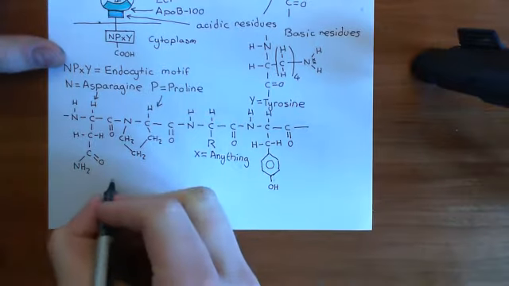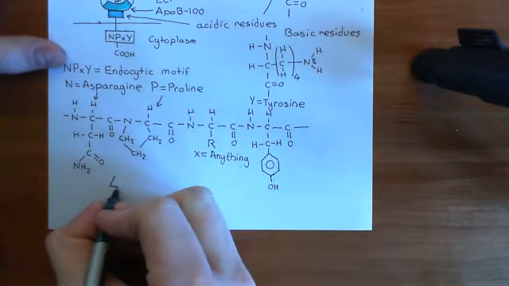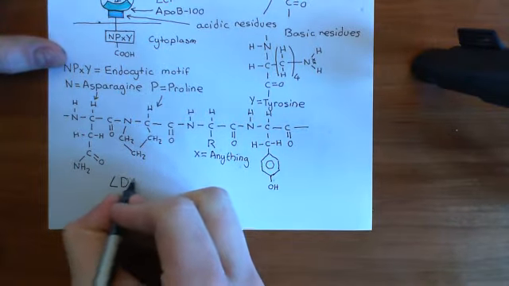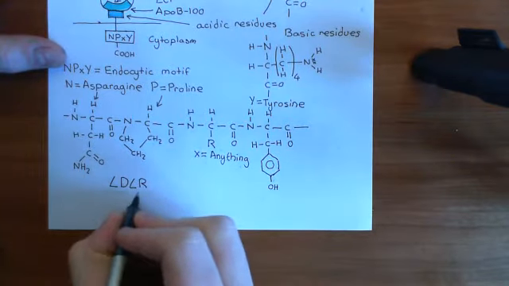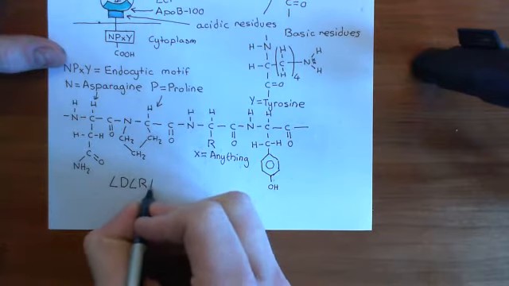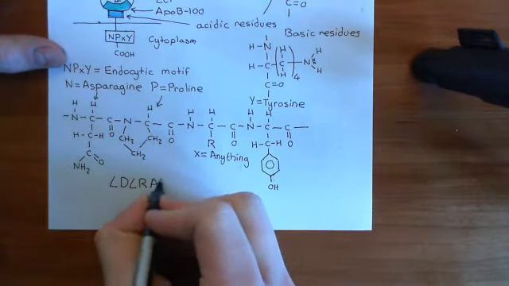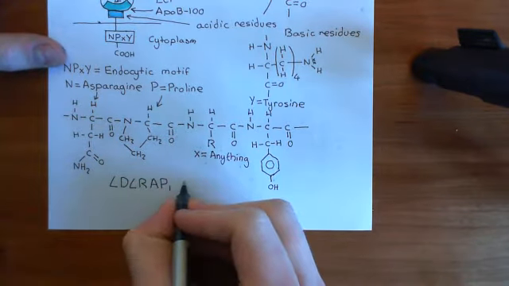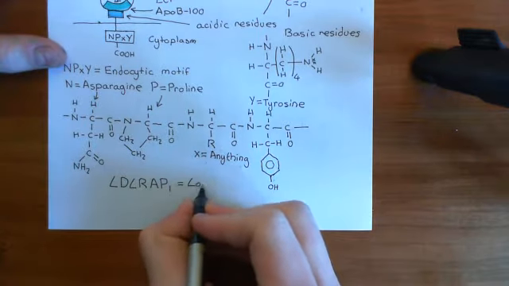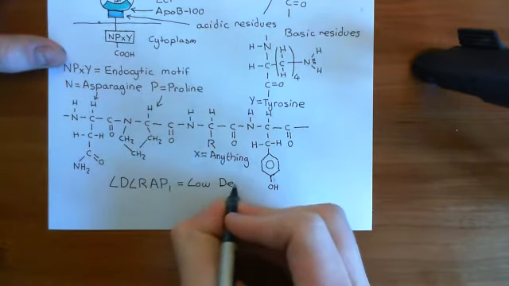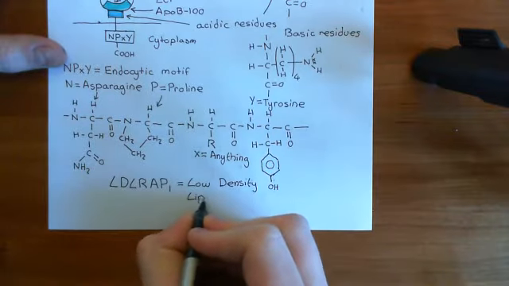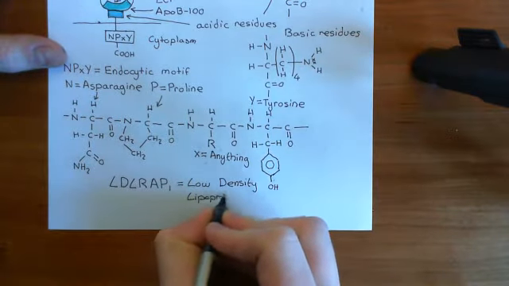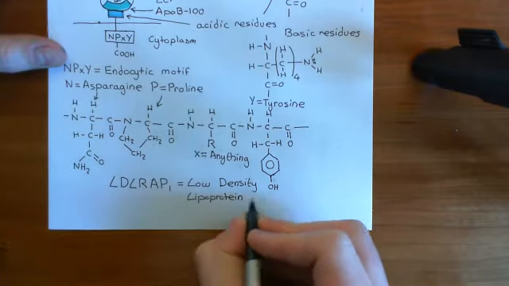Okay, so what is this adaptor protein called? Well, basically it's called the LDL receptor adaptor protein 1, so AP stands for adaptor protein 1. LDL is short for low density lipoprotein, and then receptor, and then adaptor protein 1.